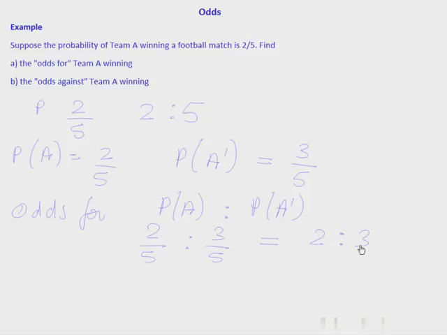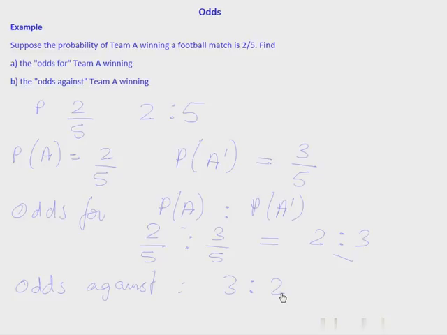So if you have the probability of an event, the odds for that event occurring are the probability of A to the probability of A complement. So in this case, if the probability is 2:5, the odds for are 2:3. The odds against are just found by reversing the ratio.